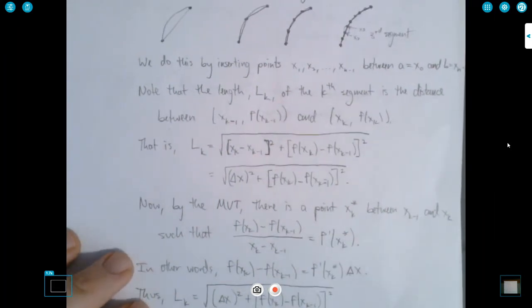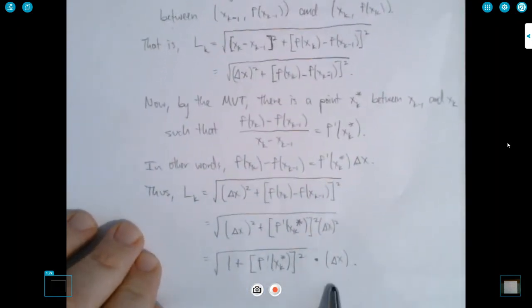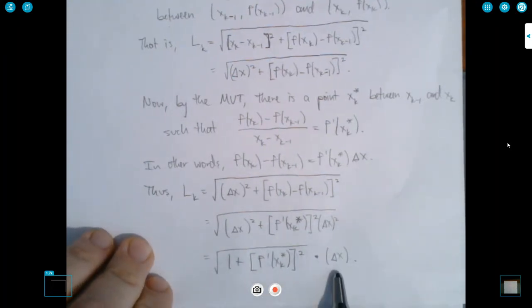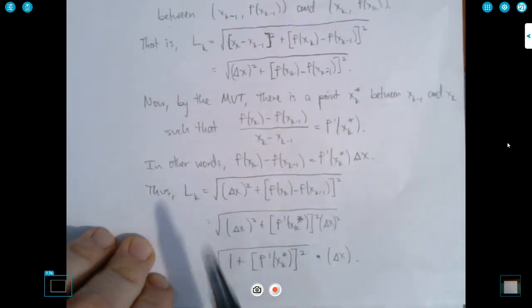This is starting to look a lot like the result that we were trying to prove at the beginning, right? So you can start to see where that formula comes from. But this is just the length of the kth line segment. If we wanted to find the overall arc length, we would have to add up all n segments, right?